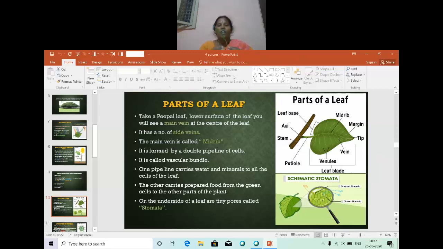Then I told you the stem has two pipelines. Think of how our heart pumps the blood. We have two blood vessels, the artery and the veins. These carry the blood through all the parts of our body.